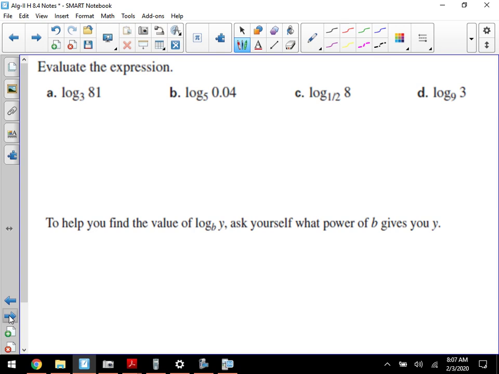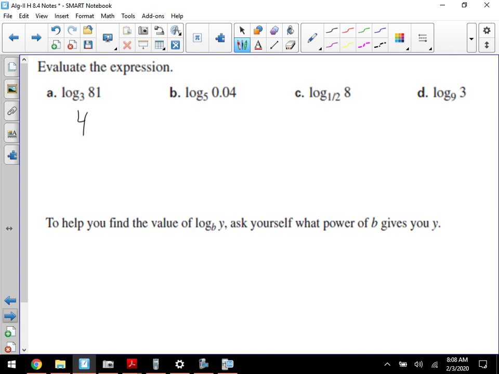It's basically asking the question, what power of b gives you y? So 3 to what power is 81? 3 to the 4. So this simplifies out to equaling 4.